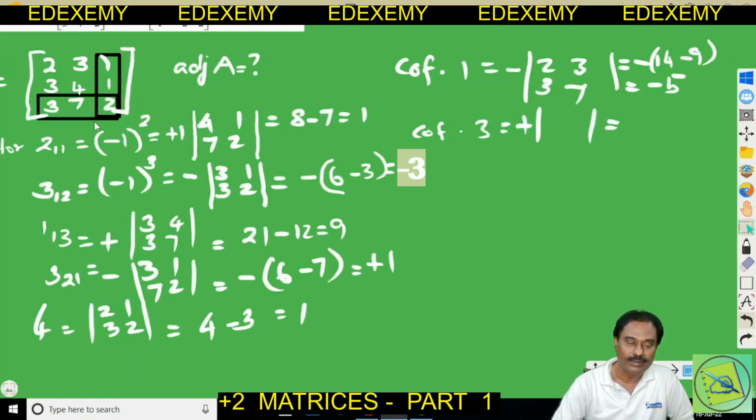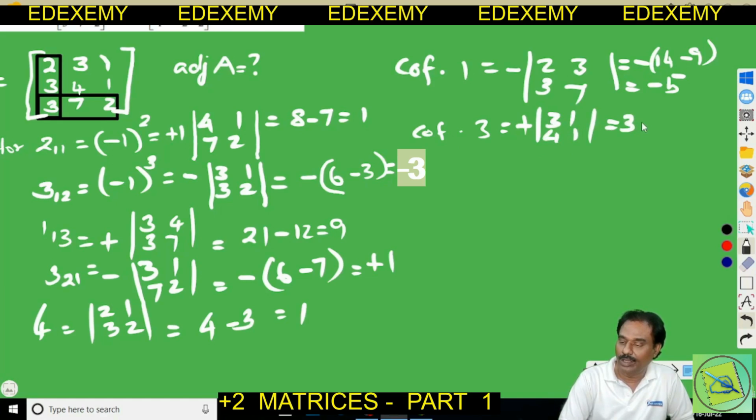We will take that column to the first column. So it is in the third row, first column. So the remaining numbers are 3, 1, 4, 1. We write here 3, 1, 4, 1 like this. Now we calculate the 3 into 1 is 3, 4 into 1 is 4. So therefore 3 minus 4 is minus 1. The value is minus 1.